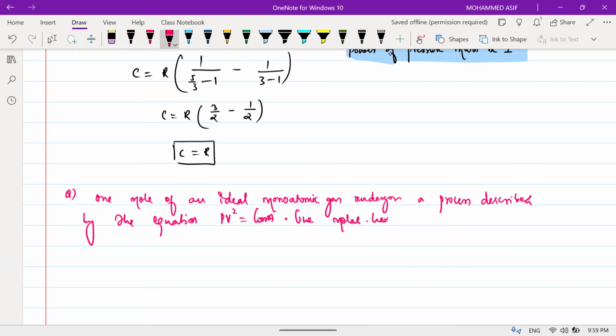द मोलर हीट कैपेसिटी ऑफ दिस गैस कितनी होगी, बताओ कितना होगा?